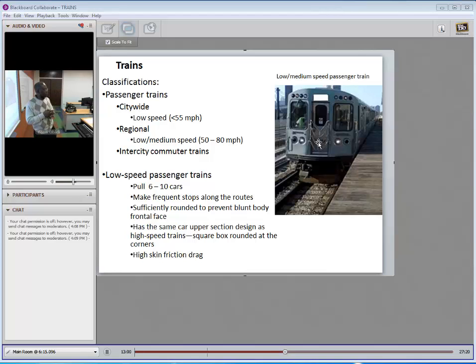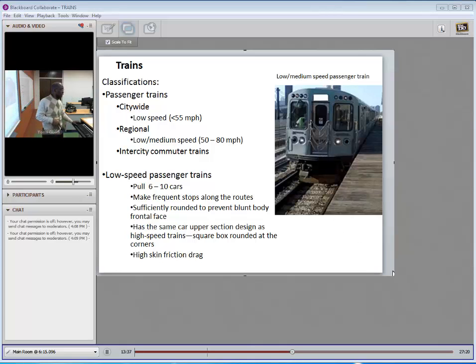They are sufficiently rounded to prevent bluntness of the frontal face. It's the front that carries over 60% of the drag contribution, so it's the design of the front that's really dominant. After that, the cars that they carry are essentially square boxes with a little modification on the top of them. It has the same car upper section design as the high-speed train, which is essentially a square box rounded at the corners and at the top with a little flaring at the top.